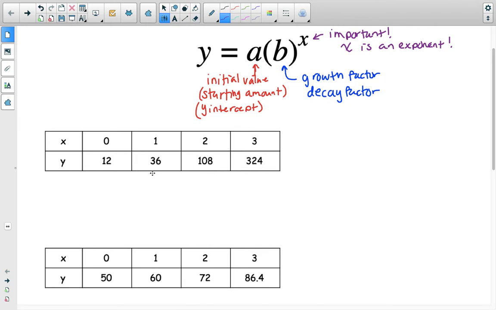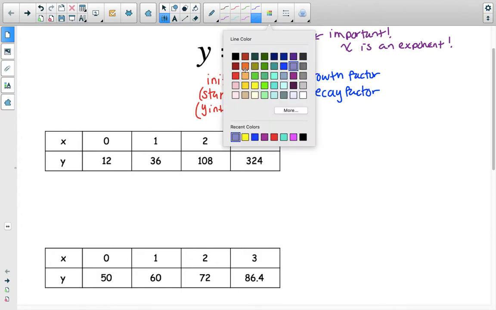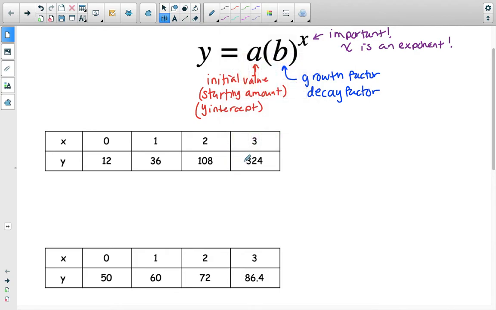Now we could guess and check, or we can use basic math. To do basic math, we can take the values of the y's and divide each by the previous one. So we can take the 36 and divide it by the 12. 36 divided by 12 is equal to 3.